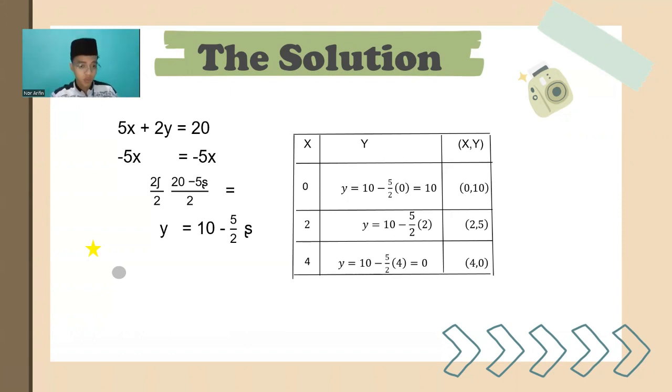When x is 2, y is 10 - 5/2 times 2, we get 5, so the point is (2, 5). And the last one, when x is 4, y is 10 - 5/2 times 4, which is 0, we get (4, 0).